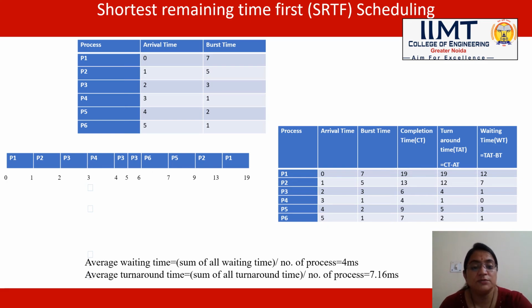After that P6 terminates, and of the rest of the processes, P5 wants only 1 second of CPU. So we allocate CPU to P5. After that we allocate CPU to process P2, and at last we allocate CPU to P1.